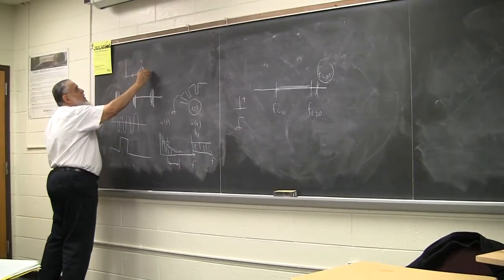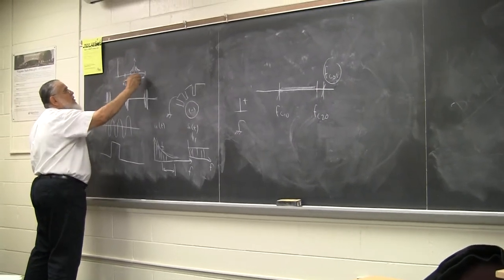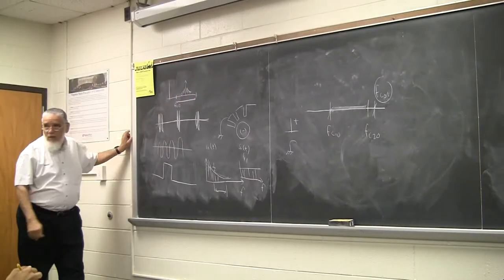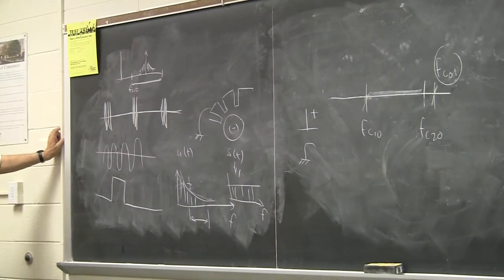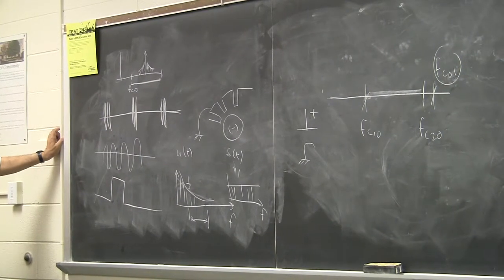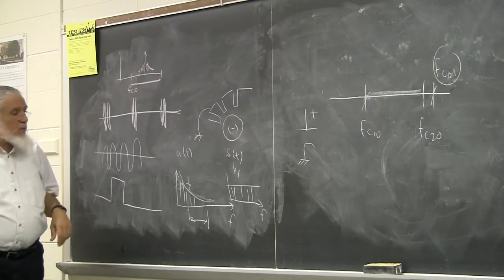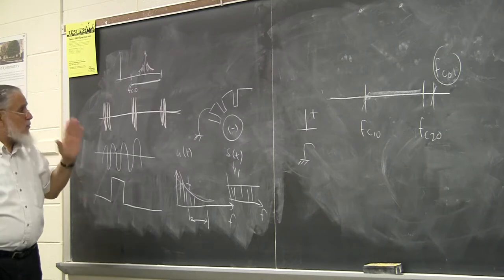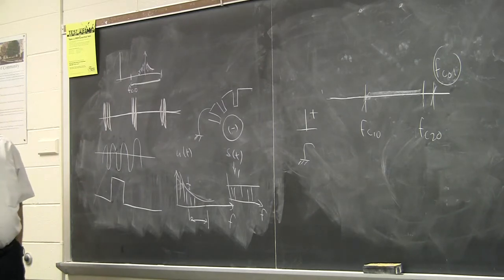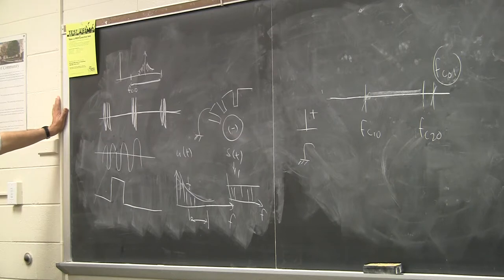And obviously that goes within your FC10 and the next cutoff, so you are okay. So sending an RF pulse is not like sending a baseband pulse, right? An RF pulse would contribute to the sidebands of the carrier, which is well within the bandwidth of the waveguide. So you shouldn't have an issue there.